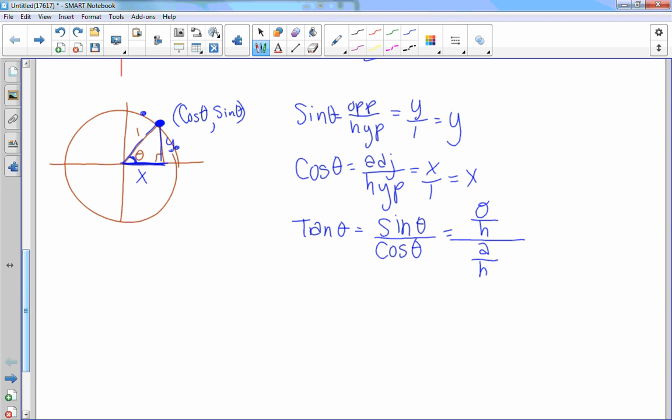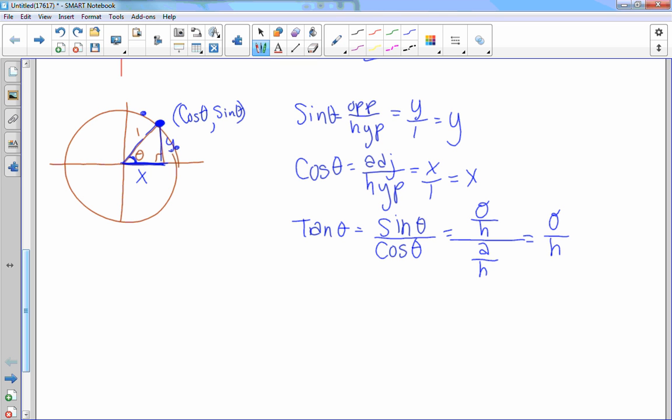So how do you divide by a fraction, Ashley? How do you divide by a fraction? Multiply by the reciprocal, but it's not just the reciprocal. It's flip and multiply.